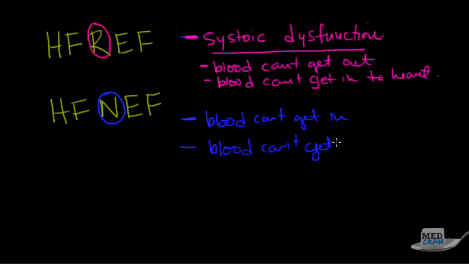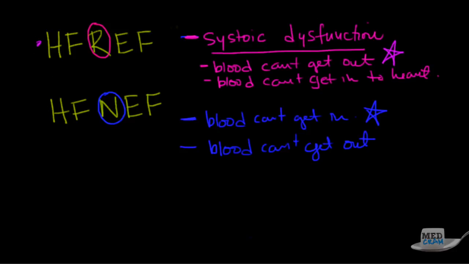Blood can't get out. Notice you have the same problems in both types of heart failure, but the key is the why. The reason why you have heart failure due to a normal ejection fraction is because blood can't get in. The reason why you have heart failure in a reduced ejection fraction is because blood can't get out.